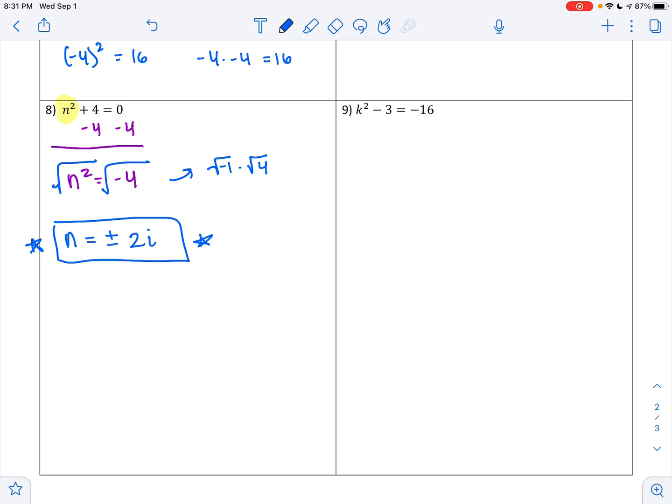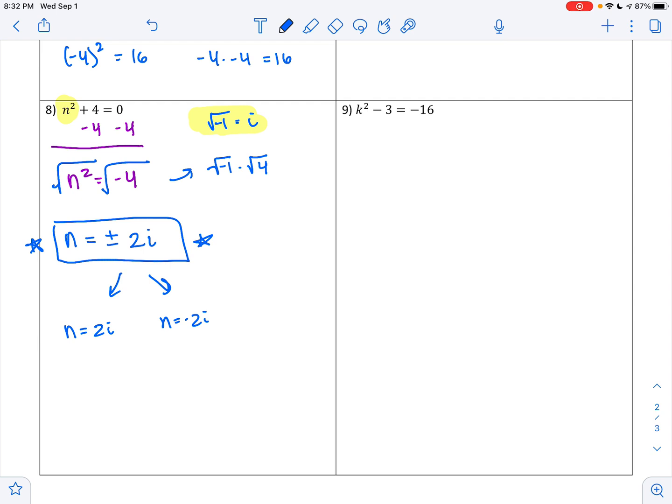We have an imaginary number because we have a negative sign underneath the square root symbol. You need to remember from earlier in this unit that the square root of negative 1 is i. We will be using this a lot. Remember that that plus or minus represents two answers, positive 2i and negative 2i.